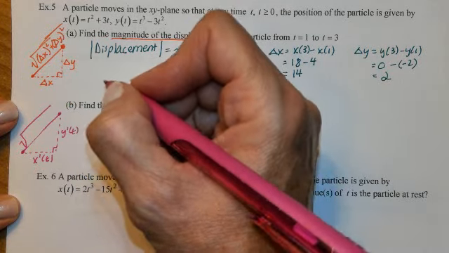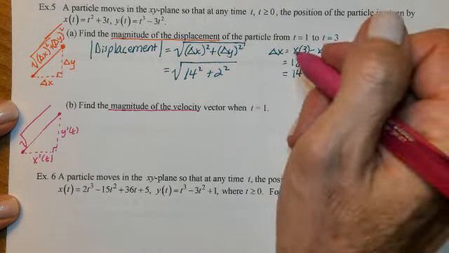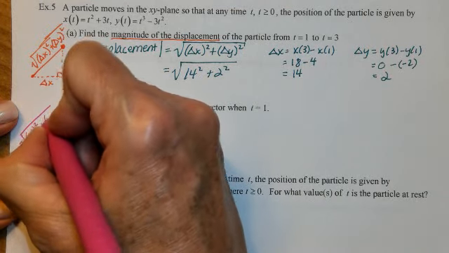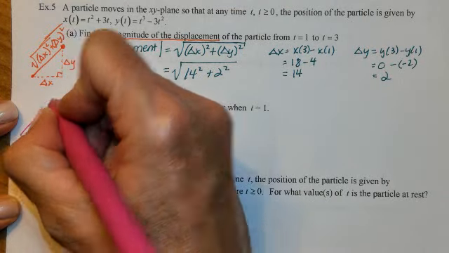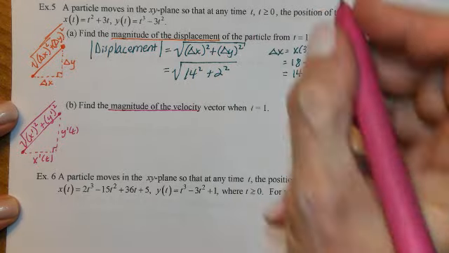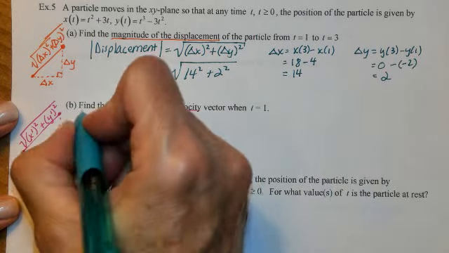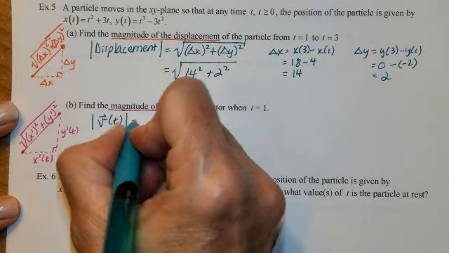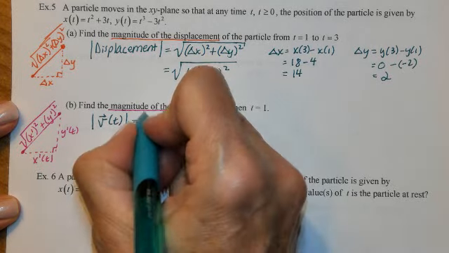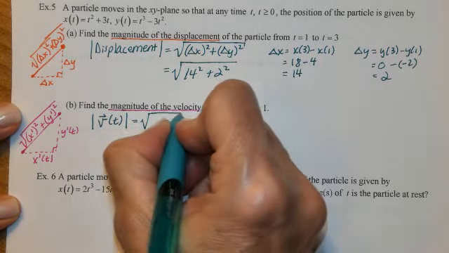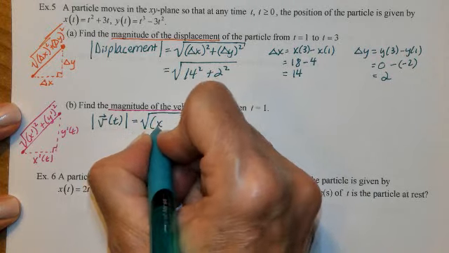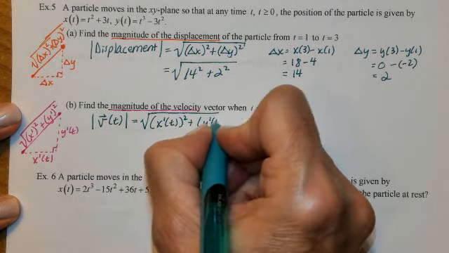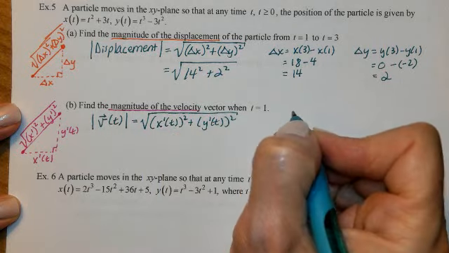So this length, the magnitude, will be the square root of x prime squared plus y prime squared. So the magnitude of velocity will be the square root of x prime of t squared plus y prime of t squared.